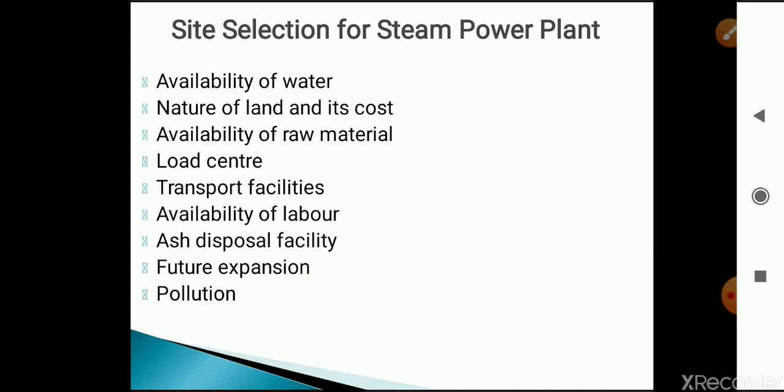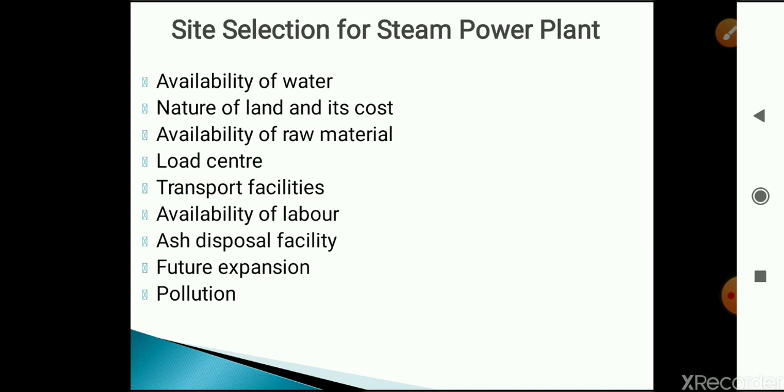Next is availability of raw material which is required for construction of the power plant as well as for running of the power plant. Next one is the power plant should not be at a longer distance from the load center. Next is transportation facilities for employees and for other purposes. The transportation facilities should be available easily.